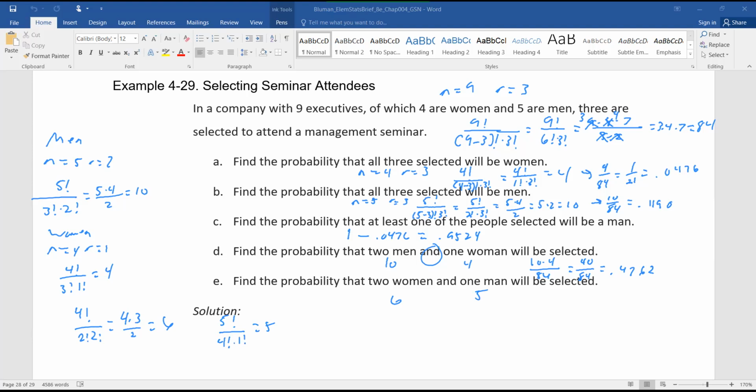So then I would just do 6 times 5, which is 30 over 84. That's 0.3571. So we have a 35% chance of selecting 2 women and 1 man.